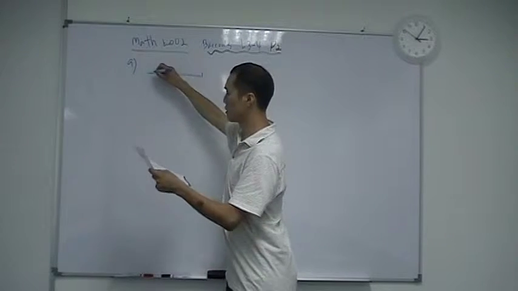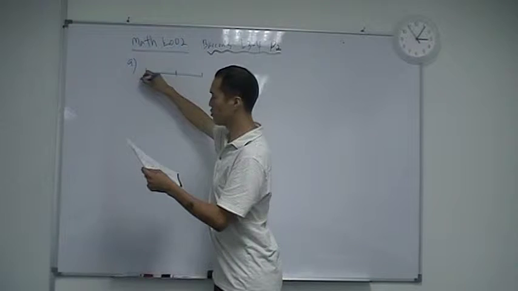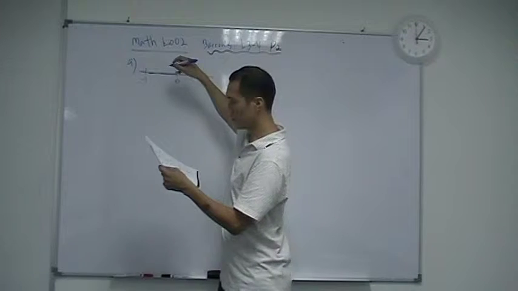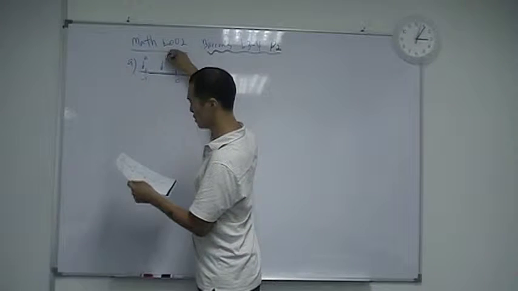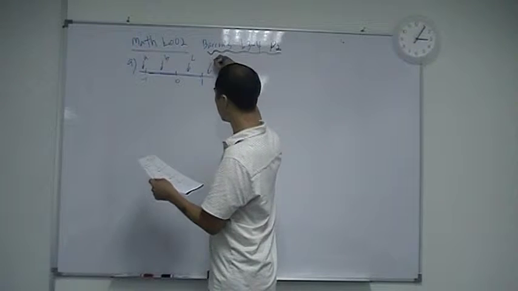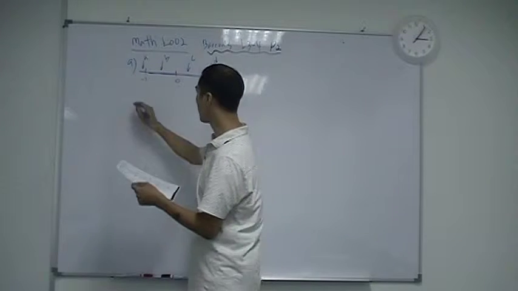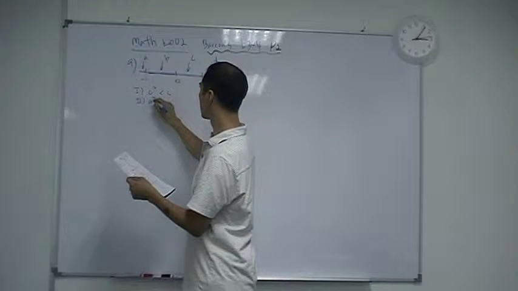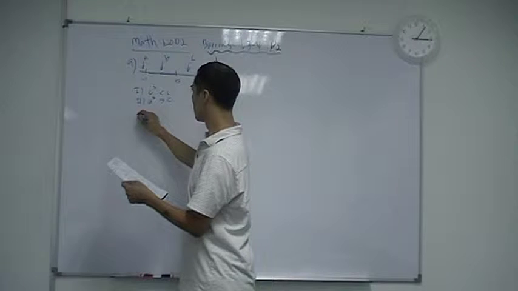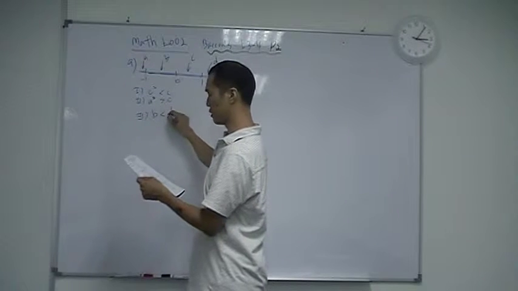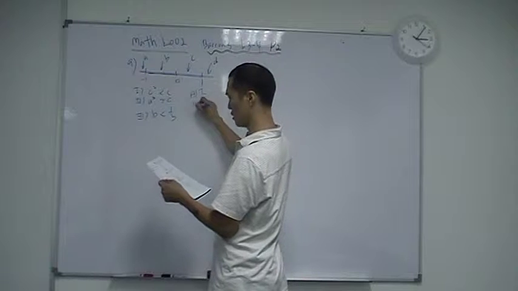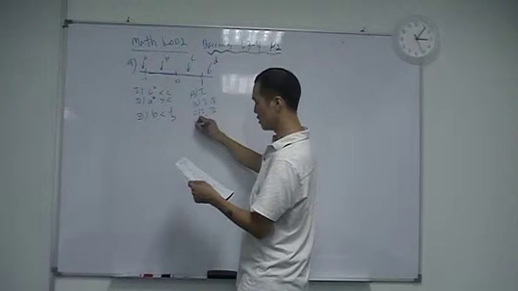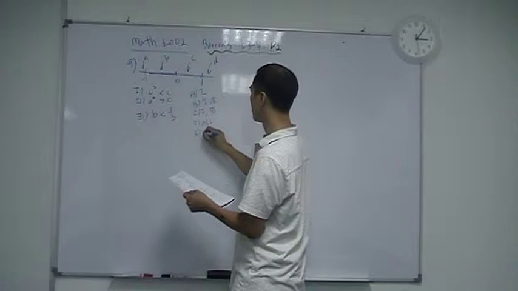So to give the number line, it's negative 1, 0, and 1, and the points are A, B, C, and D. You notice that they tell you C squared less than C, A squared greater than C, B less than 1 over B. A is 1, B is 1 and 2, C is 1 and 3, D is all, and E is none.